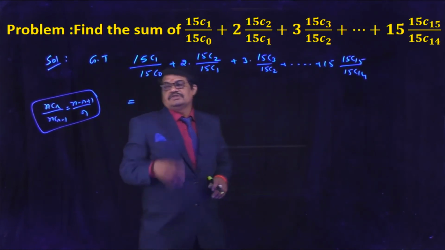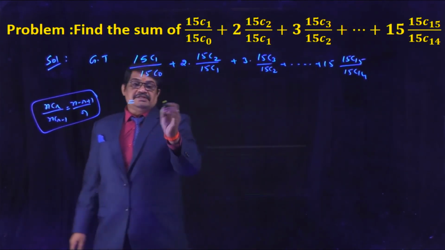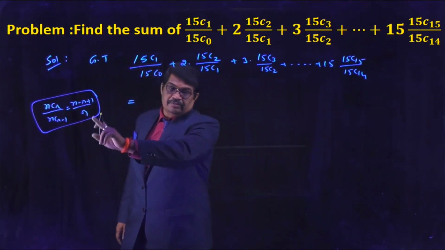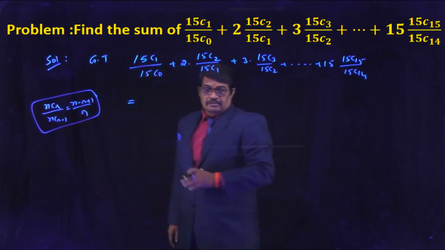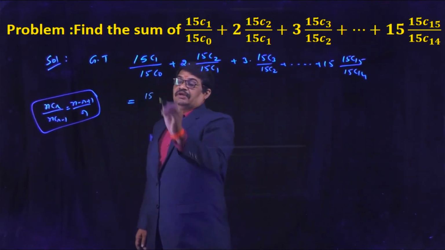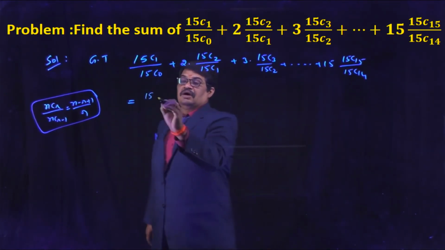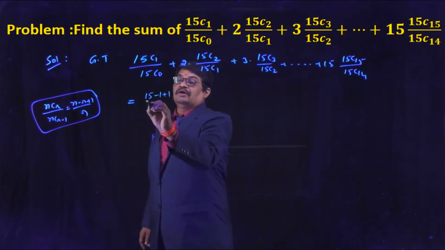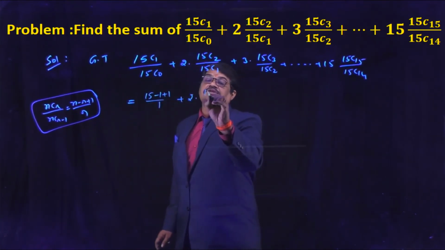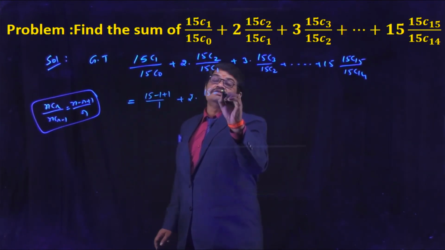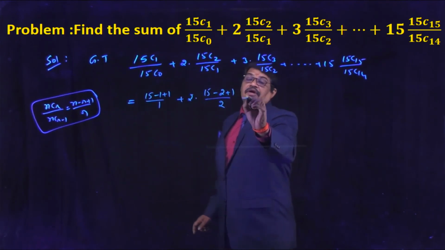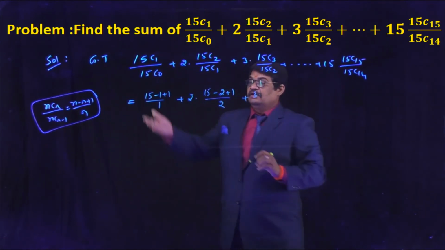Now using this formula we write nCr by nCr minus 1 as n minus r plus 1 by r. So that is 15 minus 1 plus 1 by 1, plus 2 into 15 minus 2 plus 1 by 2, r is 2. Every term is written in this form.